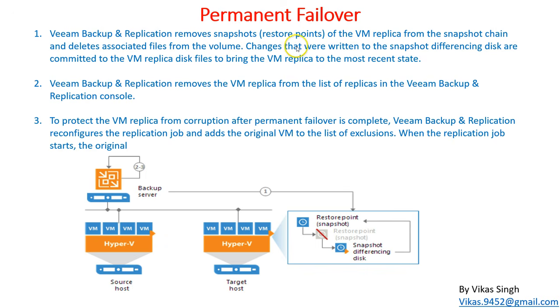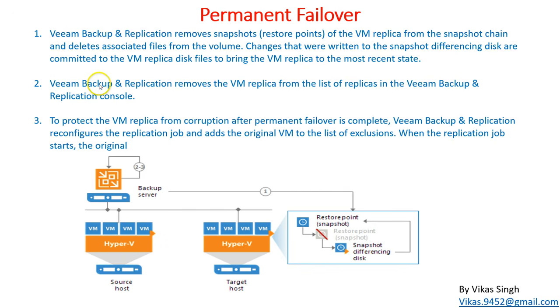Then the changes that were written to the snapshot differential disk are committed to the VM replica disk file to bring the VM replica to the most recent state. So it's going to delete all the snapshot files, and inject all those changes from the differential disk, which restores the most recent state of the virtual machine.